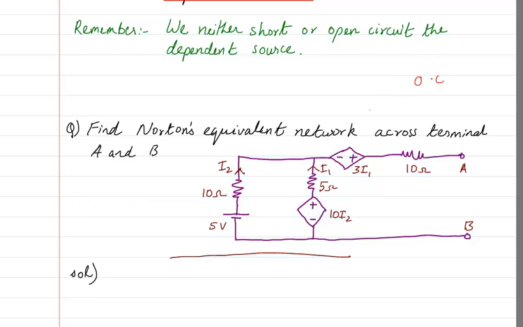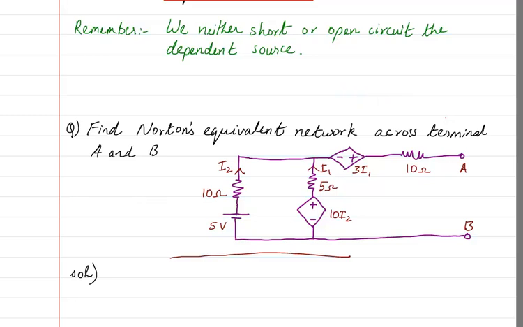But when you are having a dependent source, whether it is a voltage source or a current source, whatever be the case, we never short the dependent source. So the problem is that it is very difficult to find out either RTH or RN. But we use a different technique to find out RTH or RN.